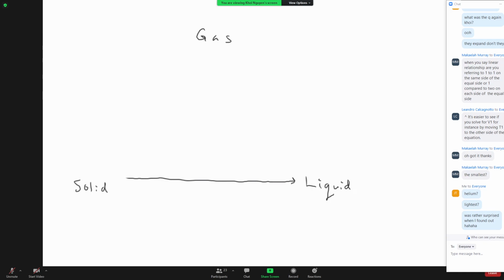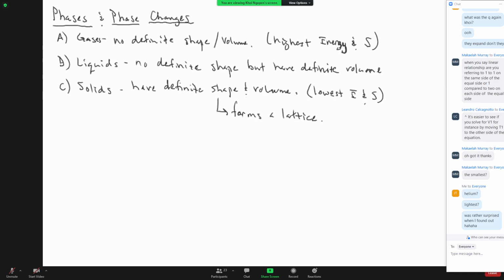Solids have definite shape and volume, right?